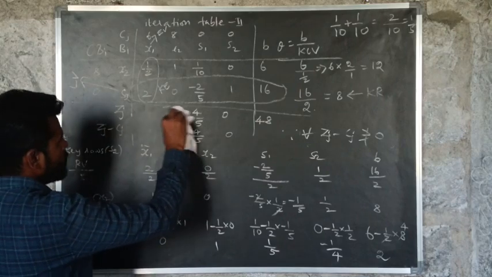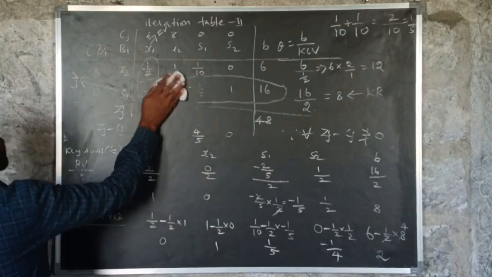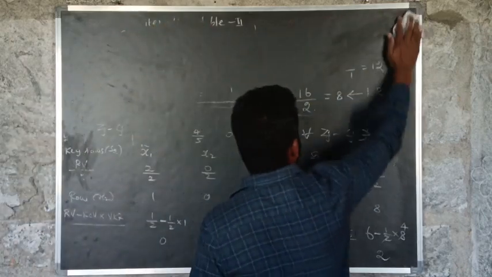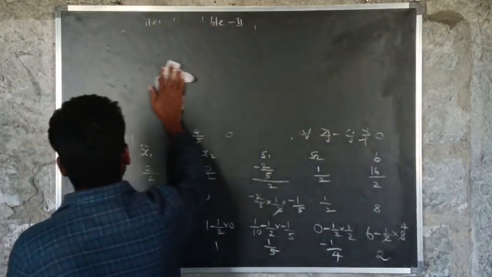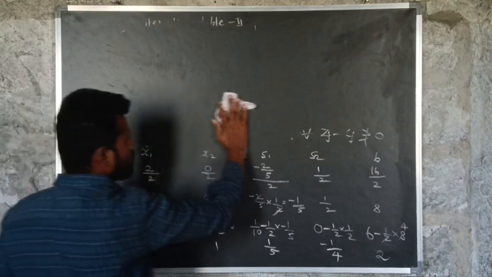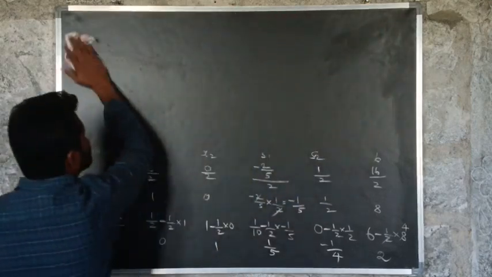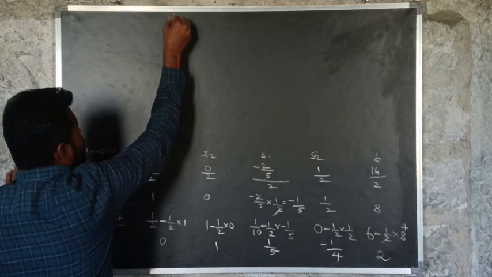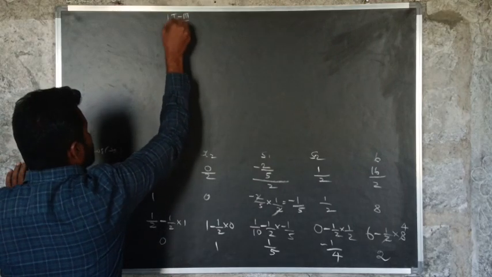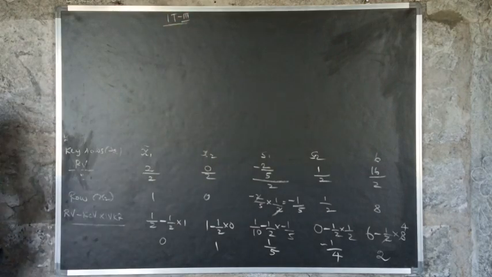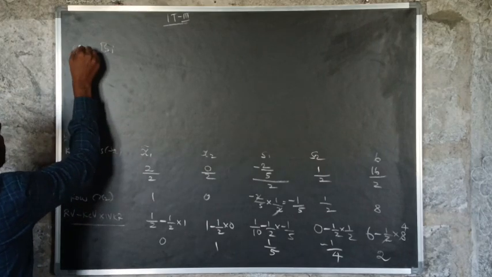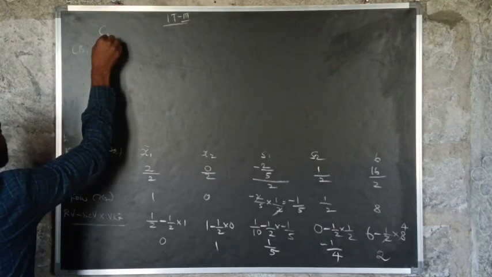So I am going to substitute next. Iterated table 3. Now the base is the coefficient of the objective function.